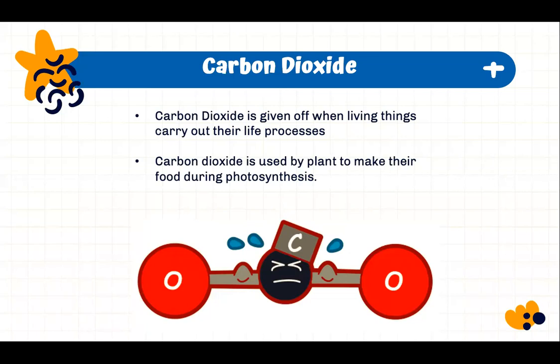This is how the components of air remain the same: we take in oxygen and give out carbon dioxide, while plants take in carbon dioxide and give out oxygen. This is how the gas exchange process goes.